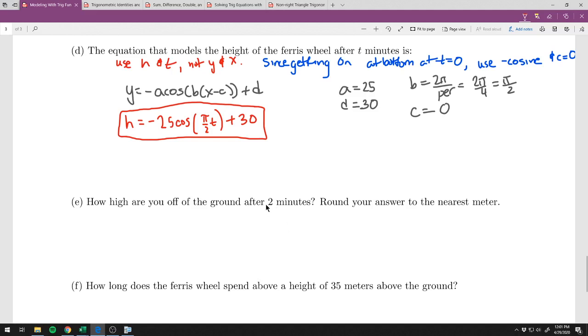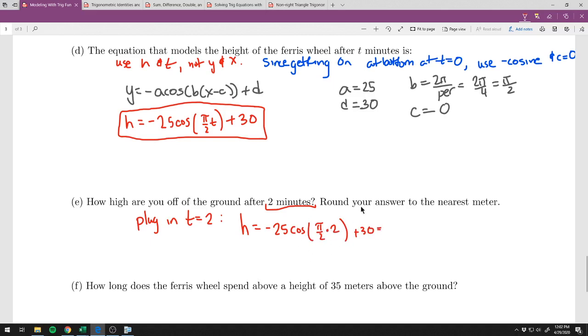We kind of talked about why this should be 55 already, but to actually do the work, it's telling you to plug in t equals 2, because it's asking us how high off the ground we are after some time. And we get h equals negative 25 cosine pi over 2 times 2 plus 30.